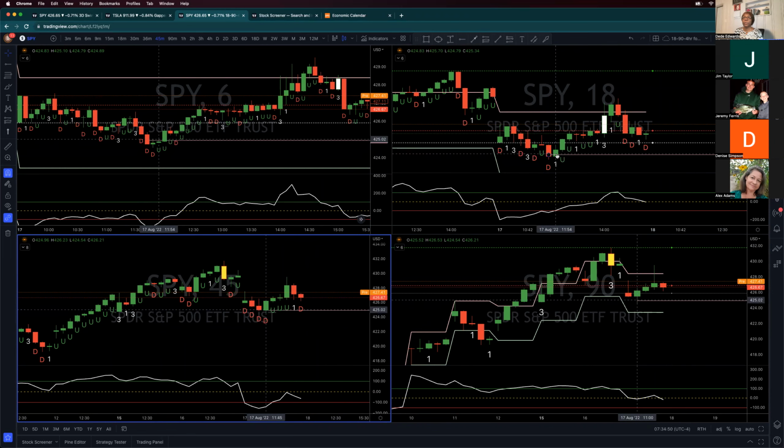It then reverses on this 18-minute flip, crosses over, turns green on the 45-minute. You're now inside. You can take that 2 down, 2 up off this 18-minute flip, and then use this as your stop loss.